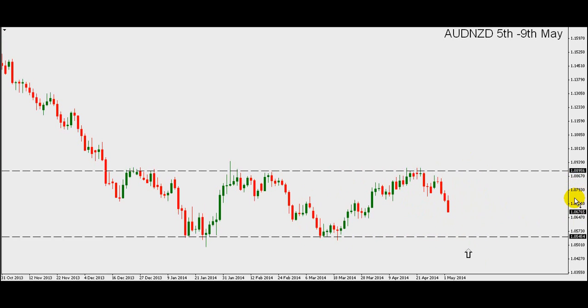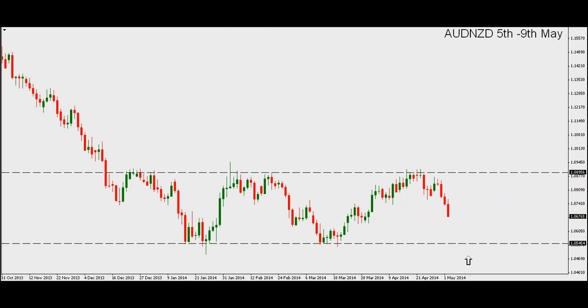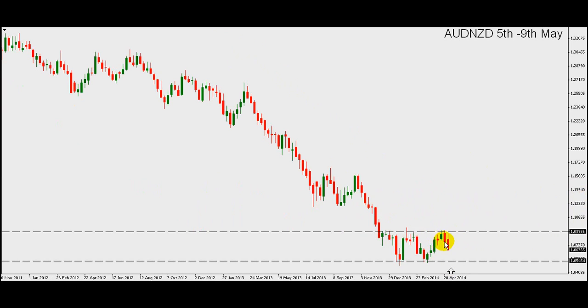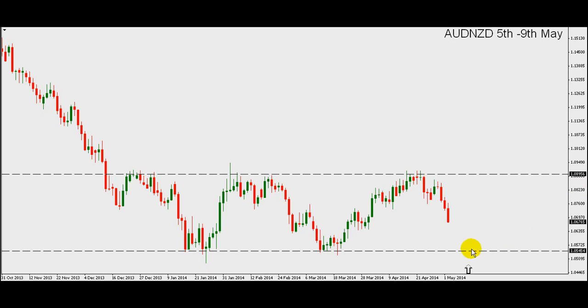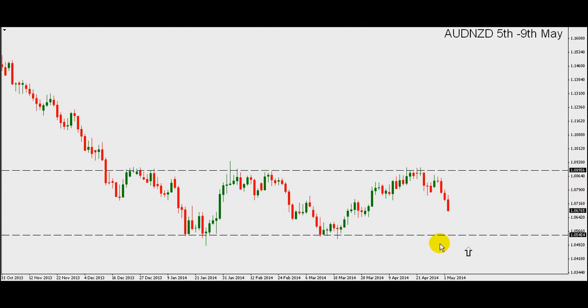If we see a break of either level, if you take a look at the weekly here just a sec, you can see the weekly is showing a bearish trend. So if we go back to the daily, you could expect that this is going to drop down to the 1.054 level, and then we look for a bounce. If we see a breakthrough here, as you can see, this is quite strong support.